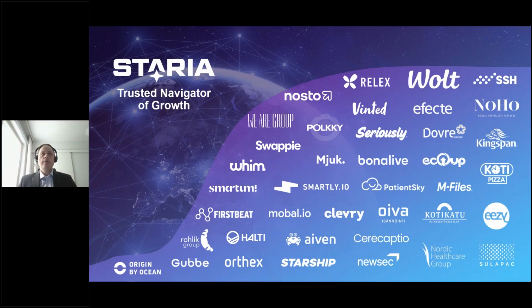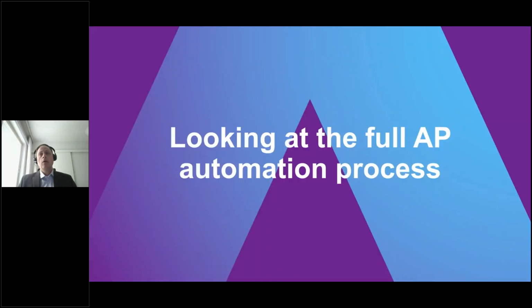But that was extremely brief about Staria, and now we will move forward with the actual agenda for today. We will start by looking at the full AP automation process.